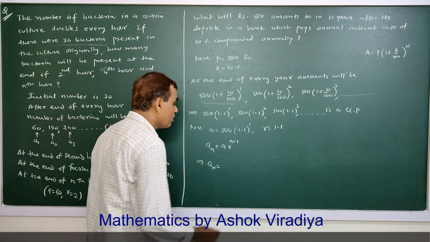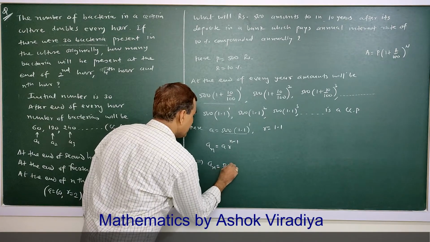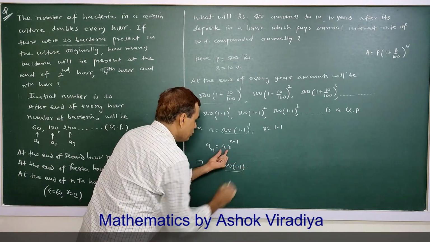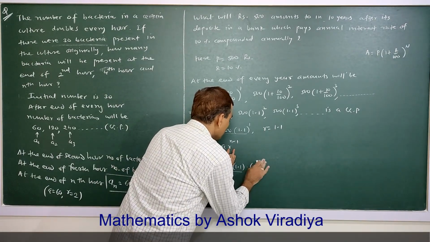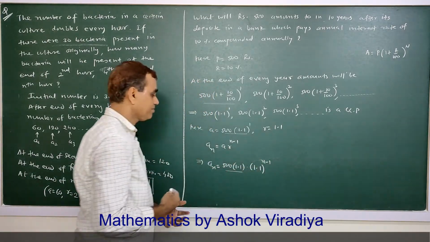So an is equal to A into R raised to n minus 1. What is A? This is A, 500 into 1.1, and R is 1.1, raised to n minus 1.